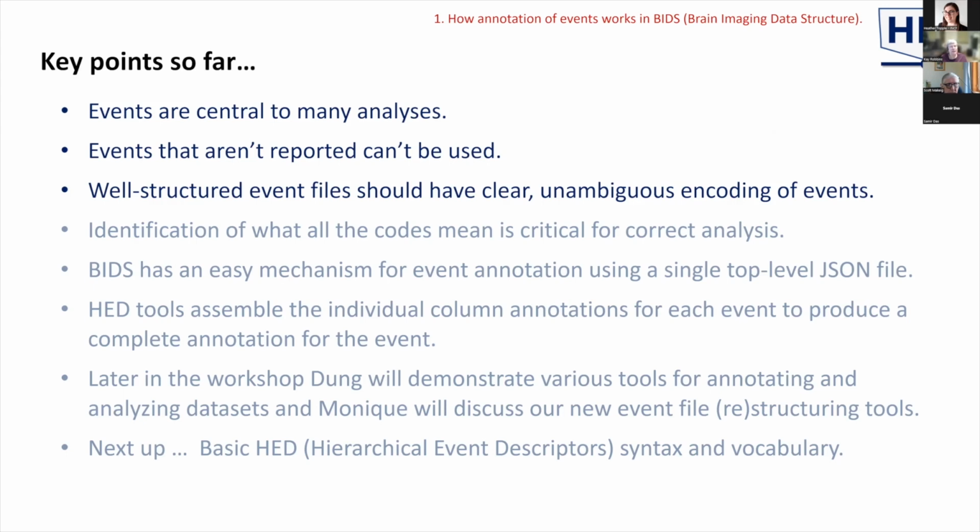And in a lot of cases, just a little bit extra work to make the files well structured will save a lot of work downstream and really expand the use of the data. So identification of what the codes mean, regardless of what kind of codes you use, is really important for correct analysis. And believe me, it's really hard to get it from the papers.